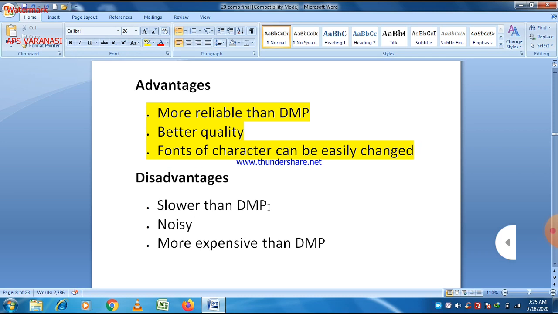So the basic disadvantages are they are slower, they are very noisy, and they are more expensive also. These are the three main disadvantages of this type of printer, the daisy wheel printer.